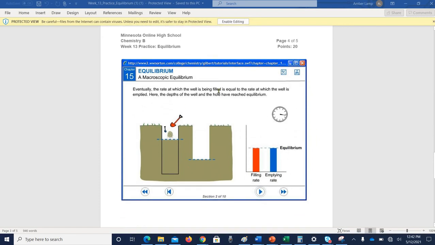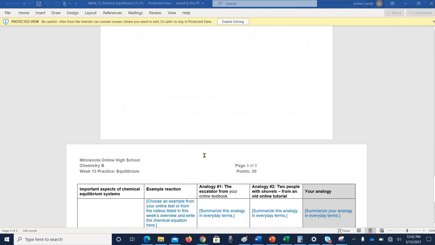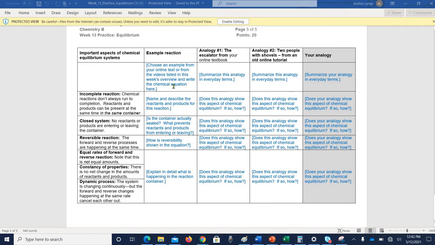So now when you go down here, here is an image, and it would involve filling up and removing dirt from a hole. And it talks about the size of the shovel and taking dirt out and putting dirt back in. Now, as you scroll down here, you'll notice that you have an example reaction. We have the escalator analogy that I went over for here, and then the shovel one.